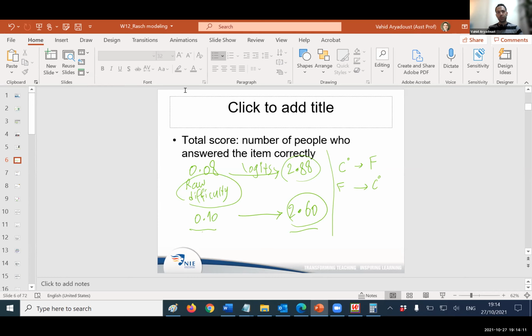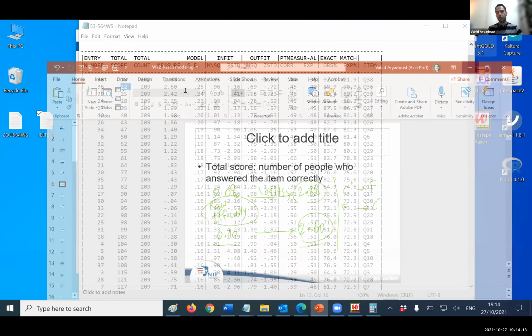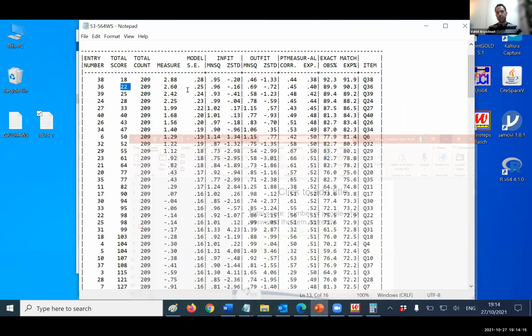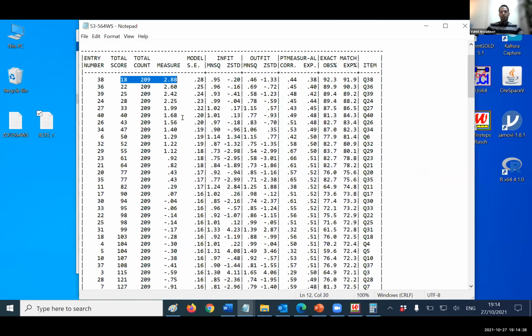Why do we do this? Because it makes the data more understandable and easier to make sense of. So the measure of the first item is this. This is the second thing we need to know from here to here. Do you have any questions so far? Okay, don't worry, when we do the hands-on, you'll get to know it better.